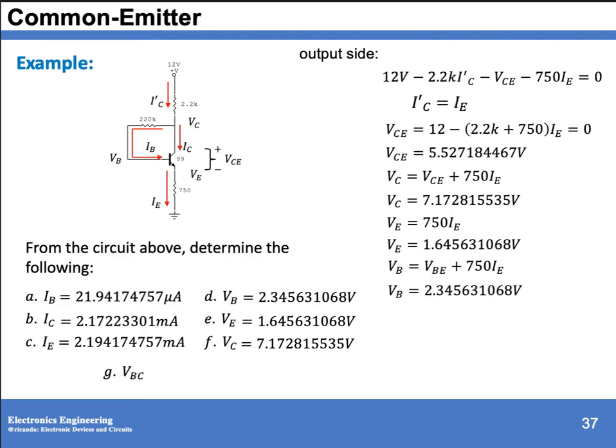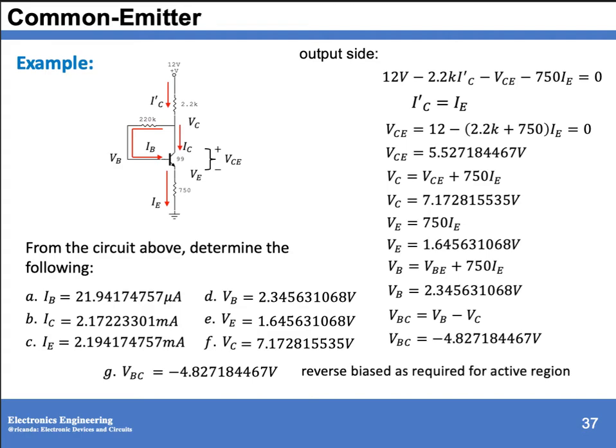So we have this voltage at the base. And your voltage base-collector is your voltage at the base minus your voltage at the collector. We have a negative value for your voltage base-collector because it is in the active region of operation, so it needs reverse bias for your voltage base-collector.